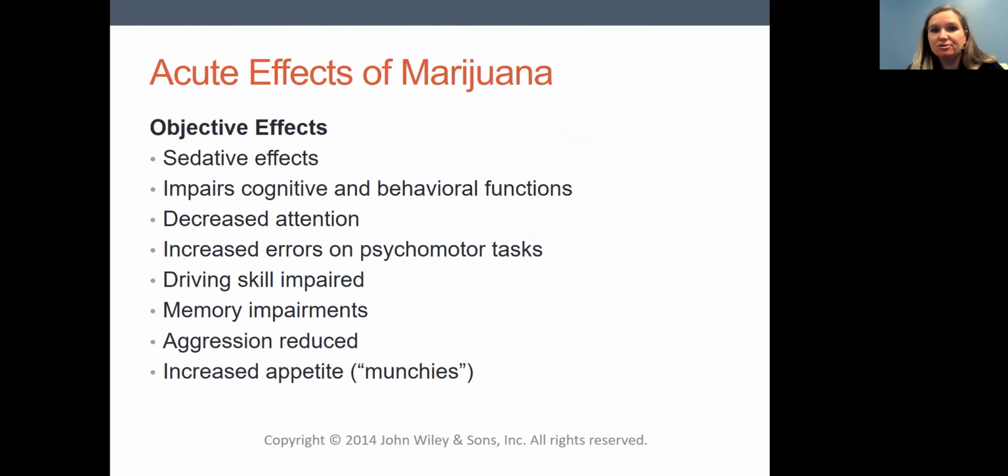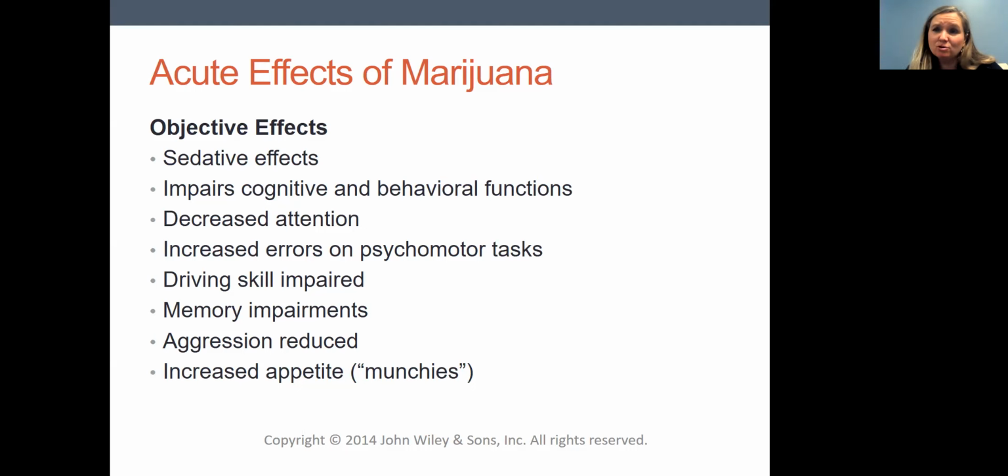So let's think about the acute effects first. So immediate effects of marijuana. Objectively, it's a sedative. You'll see sedation type effects. You will see cognitive and behavioral functions looking impaired, decreased attention, increased errors on psychomotor tasks. If you watch people driving, they look impaired.